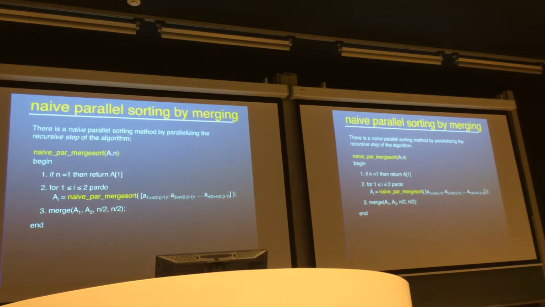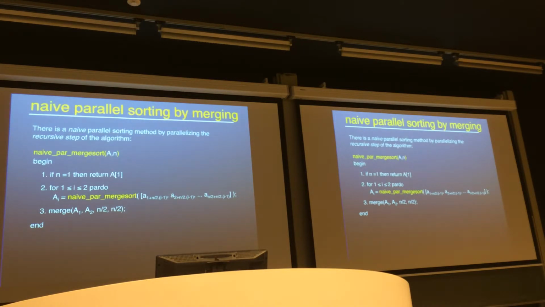If we can do it in parallel, well, then for i between 1 and 2, we do a naive parallel merge sort on the first half and the second half. So this is a very complicated expression, just to assure that you have for i is 1 the first half and for i is 2 the second half. And you do these steps in parallel.